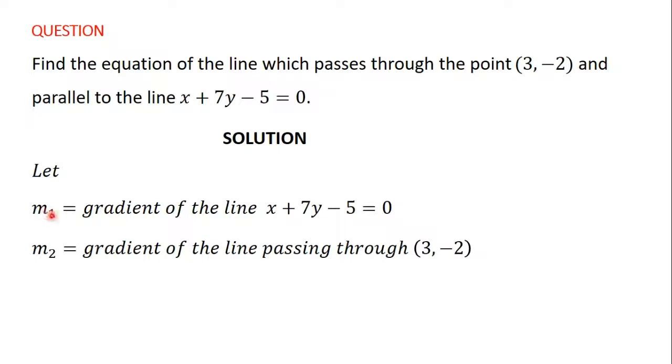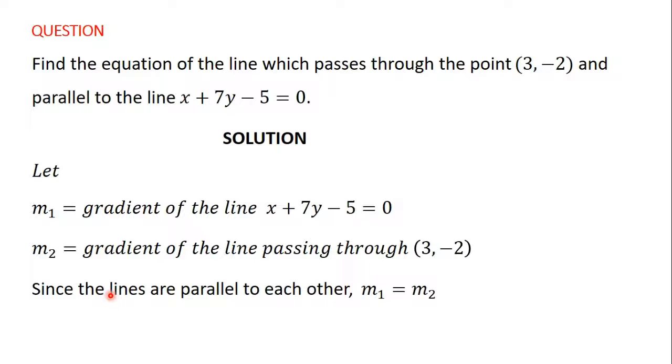If we let m1 represent the gradient of the line x + 7y - 5 = 0, and we let m2 represent the gradient of the line passing through the point (3, -2), we can say that since the two lines are parallel to each other, m1 will be equal to m2. So if we're able to find m1, it will be the same as m2.